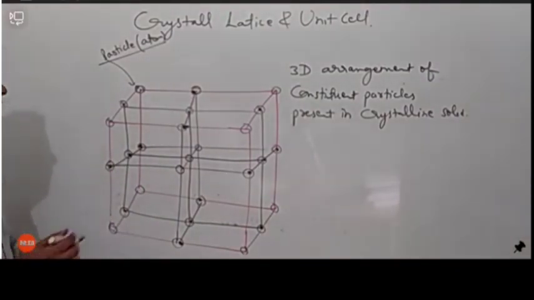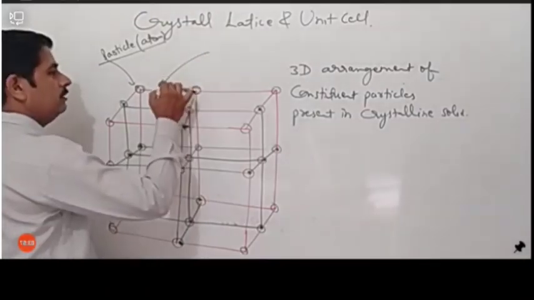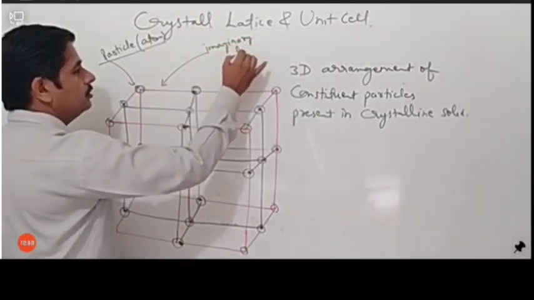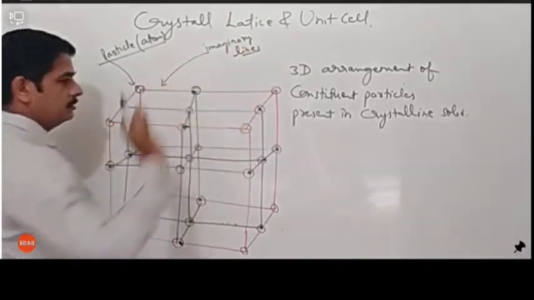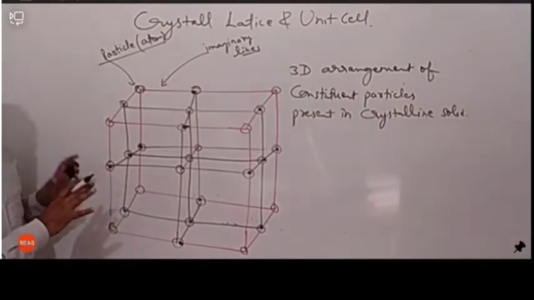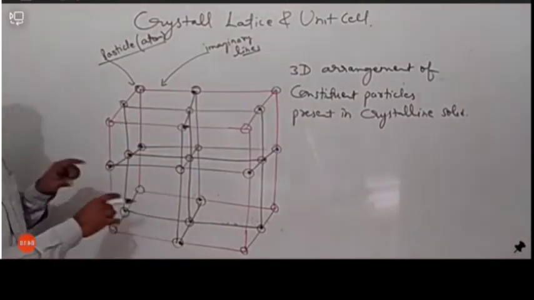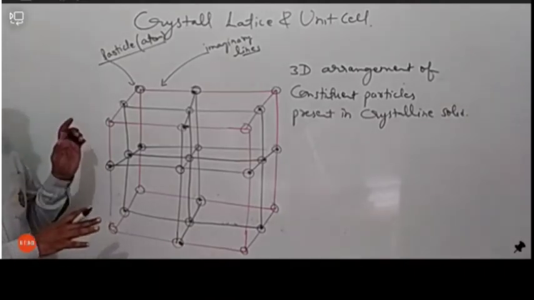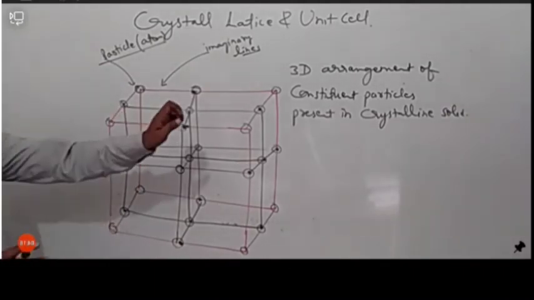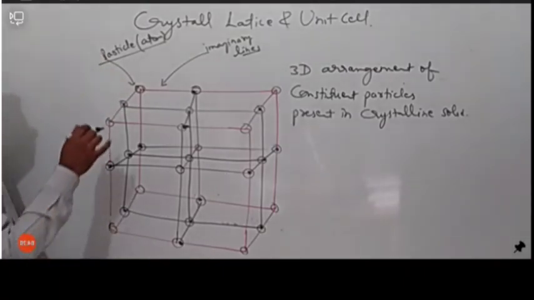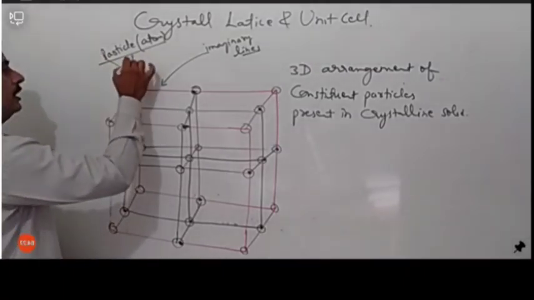Okay, and the lines which we have drawn, these are imaginary lines. Actually these lines do not exist. These are imaginary lines drawn to frame a structure, and these particles or atoms which we have drawn here are also called lattice points.